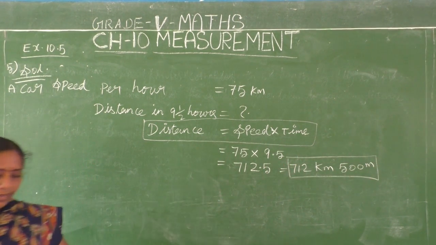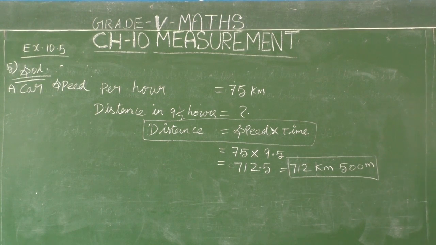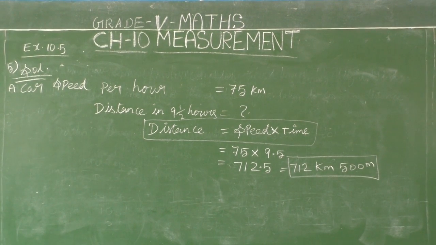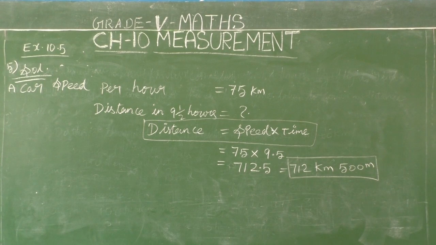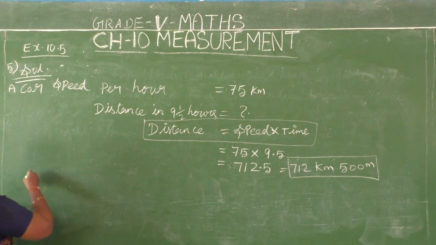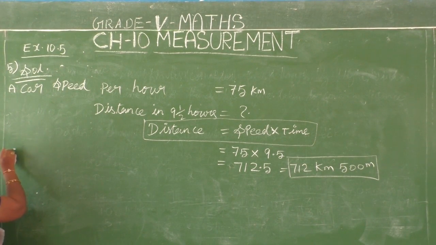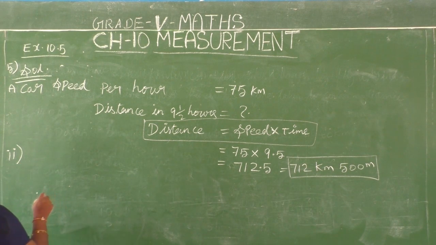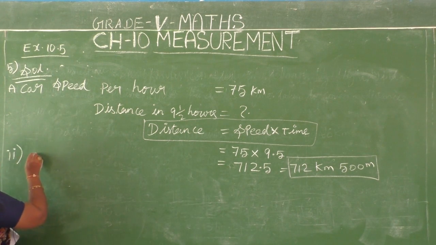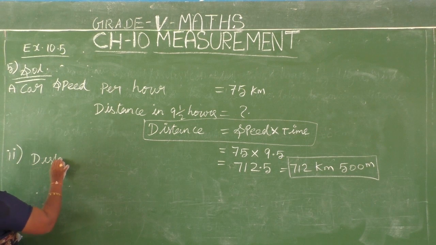Okay, the second one, they are asking the time. In the second sub question they gave the distance. We are going to find out the timing. Okay, so what distance did they give? In your book itself they gave the distance.